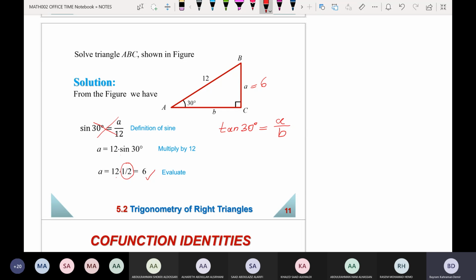Do we remember the tangent 30 value from the table? 1 over root 3? Yes, 1 over root 3. Perfect. 1 over root 3 is equal to a, which is 6, divided by b. So from here, b is equal to 6 times root 3.